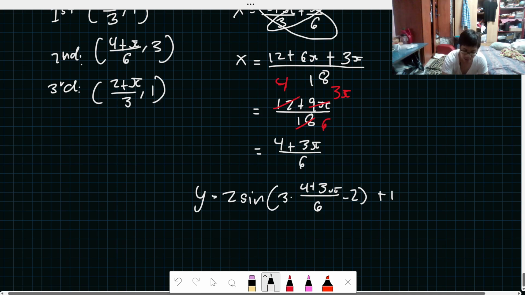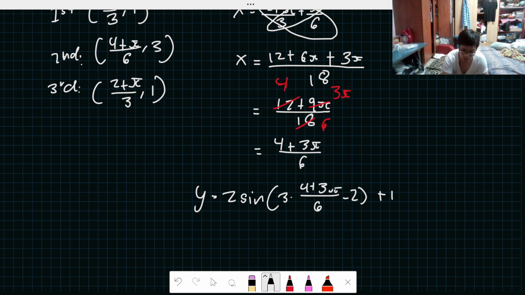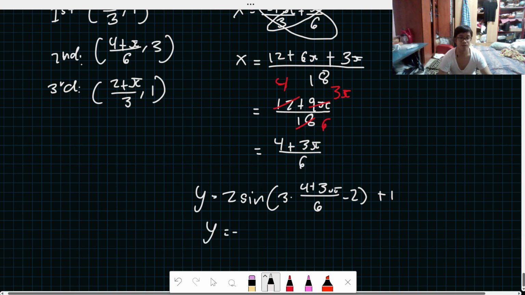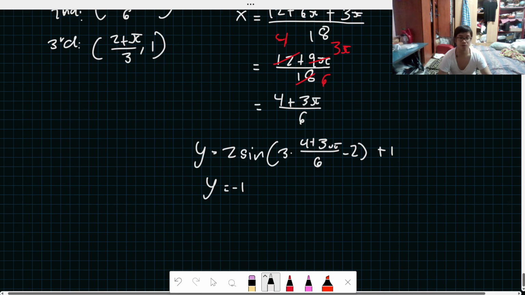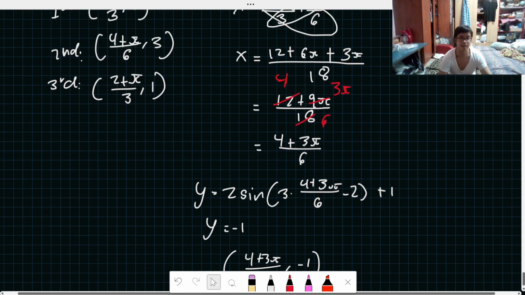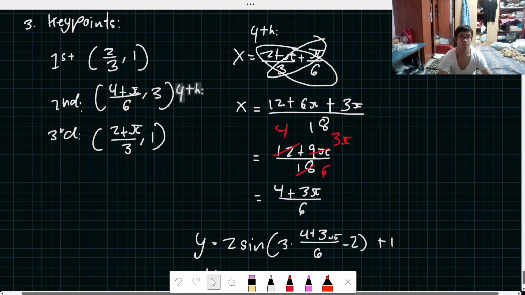Okay, so in this case, this would give you negative 1. So therefore, the coordinates of your fourth key point are 4 plus 3 pi all over 6 and negative 1. That's it. So you're going to put it here.